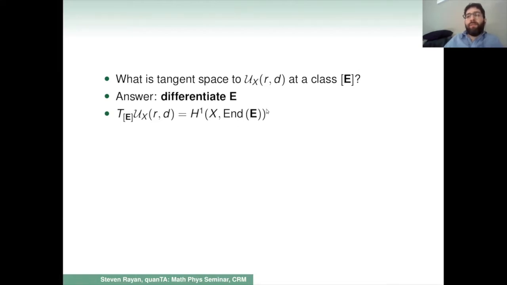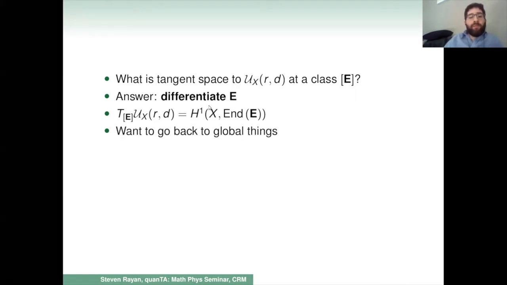And if I'm going to deform to first order, that's really adding a matrix to that invertible matrix valued function. So the deformation of the bundle is an object in cohomology that lives here, just thinking of End E as matrices.